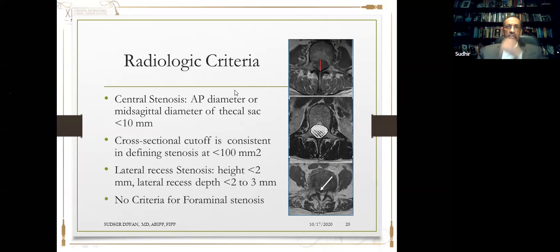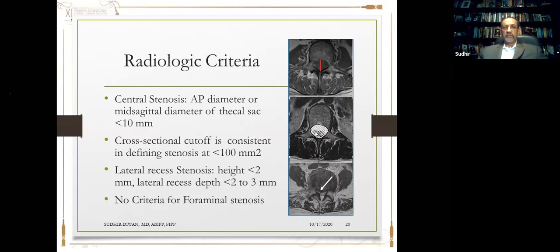And look at the radiological criteria. For central stenosis, you look at the AP diameter. If the AP diameter is less than 10 millimeters, then it is stenosis. Or look at the cross-sectional cutoff, where 10 millimeters this way and 10 millimeters this way should give you more than 100 square millimeters.